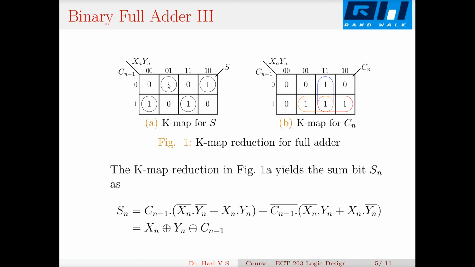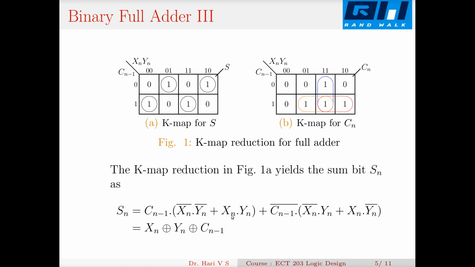And this is cn minus 1 complement and xn complement yn, and this one is cn minus 1 complement and xn yn complement. If I take out this cn minus 1 complement, it becomes xn complement yn or xn yn complement. This is nothing but xn xor yn.